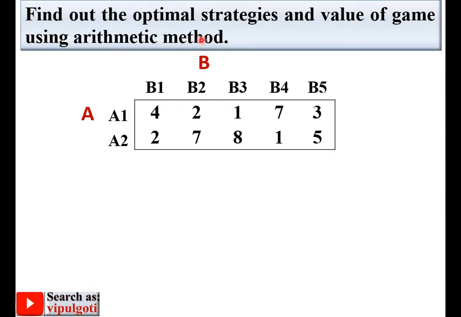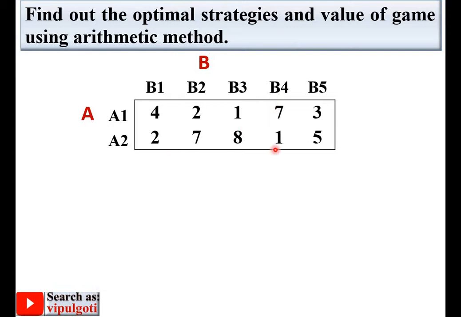But see carefully, the name of the method is the arithmetic method, although here we are going to discuss the graphical method. So try to understand the selection criteria of the graphical method and of the arithmetic method.